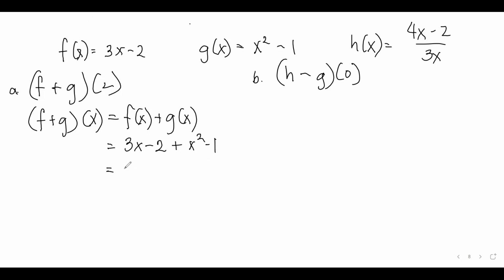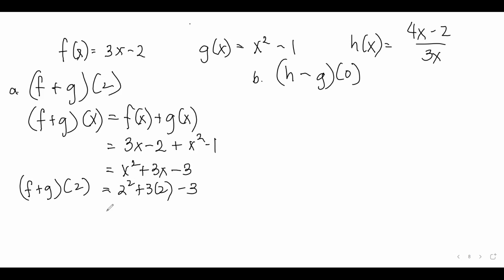And then, pagsama-samahin, x squared plus 3x minus 3. Substitute natin si 2, f plus g of 2. So we have 2 squared plus 3 times 2 minus 3. So we have 4 plus 6 minus 3. So 4 plus 6, 10 minus 3, that would be 7. So f plus g of 2 is 7.